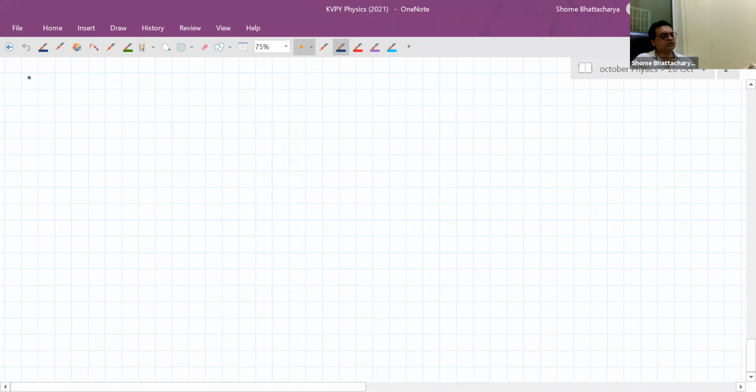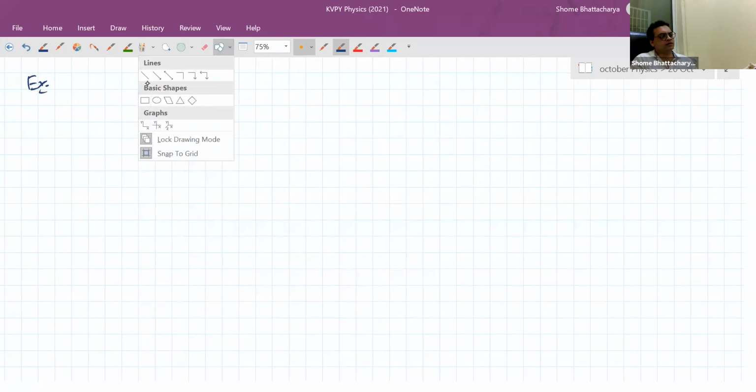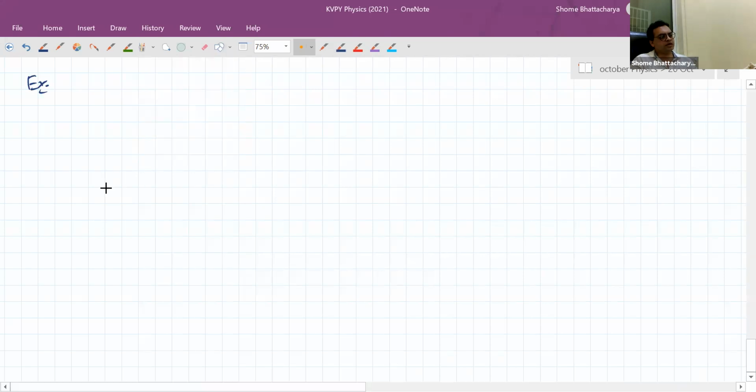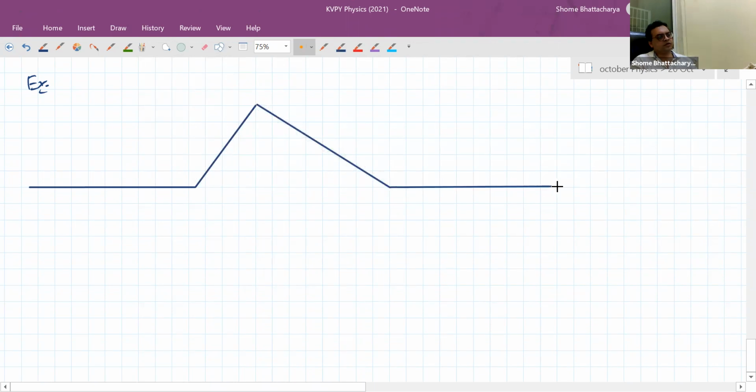So how we make use of this in an indirect example is, suppose we have an arbitrary shape of a wire, let's say like this, where this is 12 meters long and this is 16 meters long.